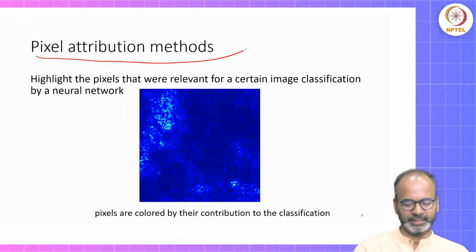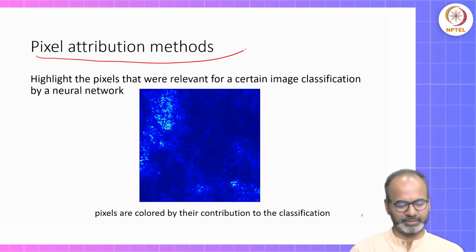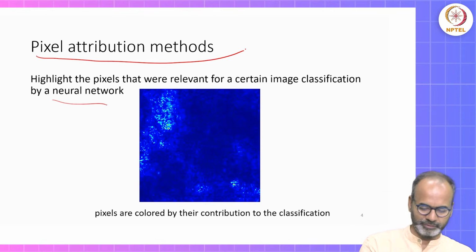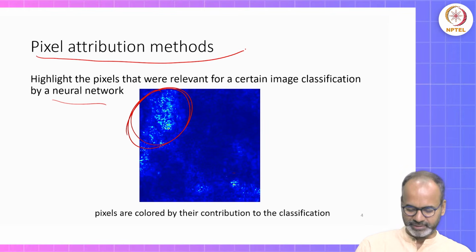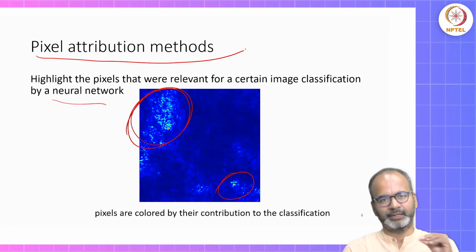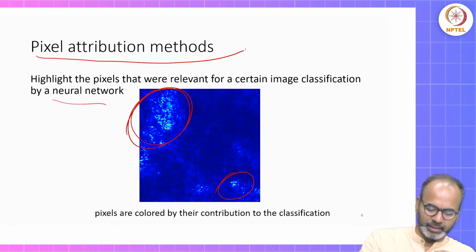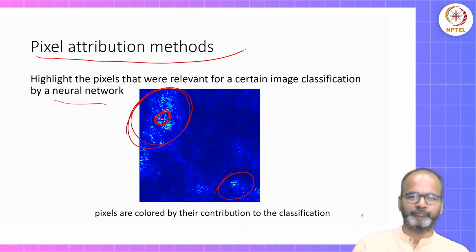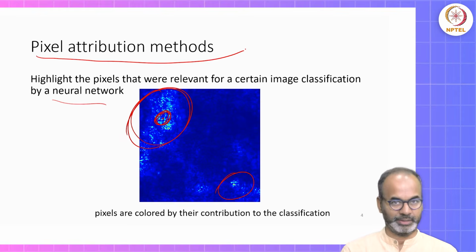They highlight the pixels that were relevant for a certain image classification by a neural network. If you look at this example, it is highlighting some parts of this image, here and here. Pixels are colored by their contribution to the classification.